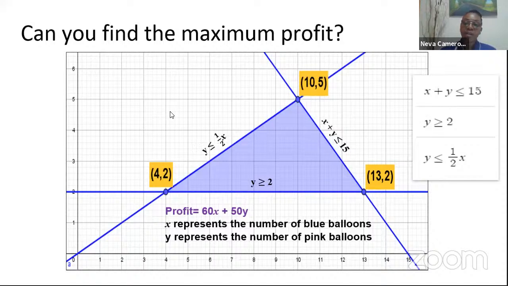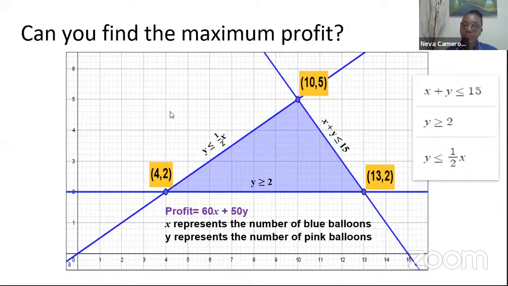We have now graphed the inequalities. We have graphed the lines and we have identified the shaded region. What we're using now is the graph to help us find the profits. Now remember, based on the table, we came up with 4.2, 4 blue, 2 pink. It matched the condition.